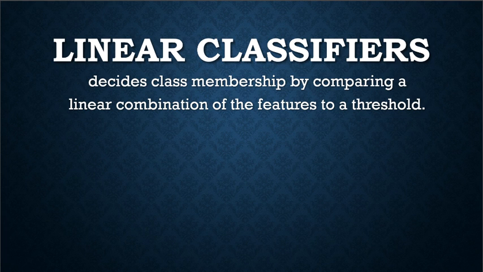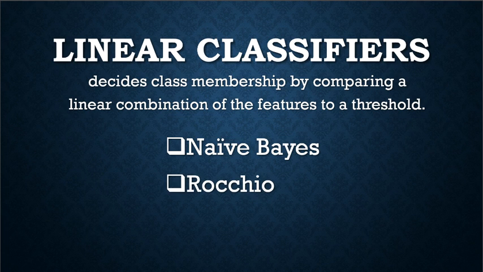The first one is naive Bayes, which is covered in our class. The second one is Rocchio, which is introduced in the second video of this series. They are instances of the linear classifiers, perhaps the most important group of text classifiers, and we will contrast them with nonlinear classifiers.